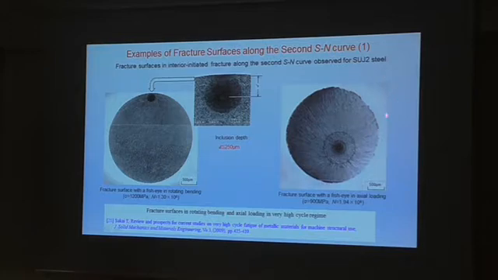The right-hand side indicates the fracture surface failed in axial loading. In this case, the crack initiation site is very deep from the specimen surface. Okay. The difference in this aspect is attributed to the fact that the stress distribution is quite different. Axial loading has a uniform distribution, while rotating bending has a very steep slope. Okay.